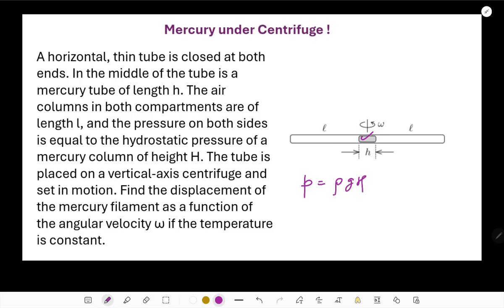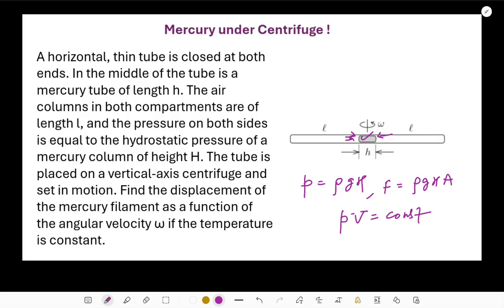Here rho is the density of mercury, and so forces acting on the mercury tube from both sides are equal, and that can be simply written as PA, that is rho g h A. A is the cross section of the tube, and we also know that temperature is constant. That means Boyle's law is applicable here, and at any moment PV, V being the volume under consideration, will be a constant.